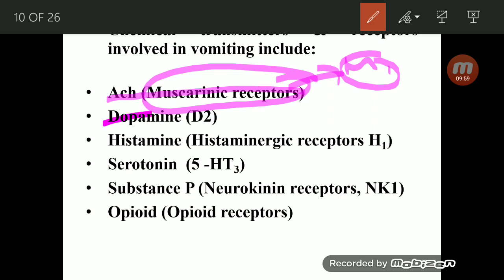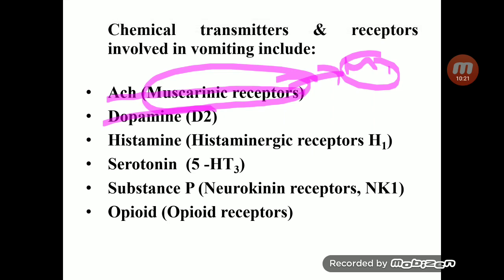Second is dopamine, that is, D2 receptors. D2 receptors can be found in your brain as well as in your gastrointestinal tract. Then histamine receptors, again in a different location. Serotonin receptors, substance P, generally acting through the neurokinin receptor 1, and opioids through opioid receptors. So these are the different chemical transmitters and receptors which can induce the process of vomiting.